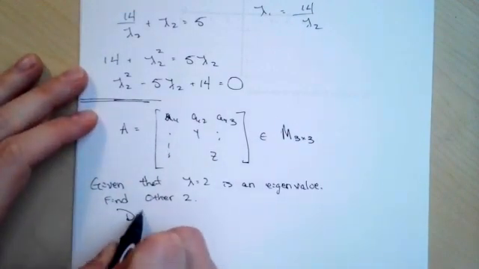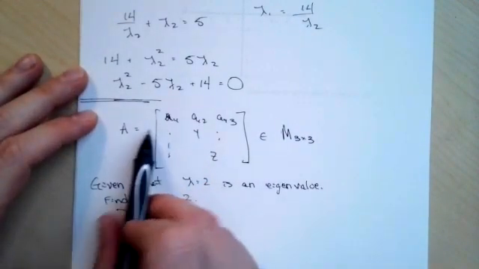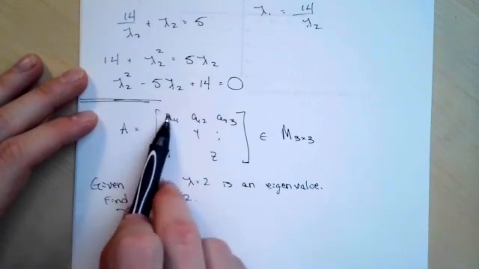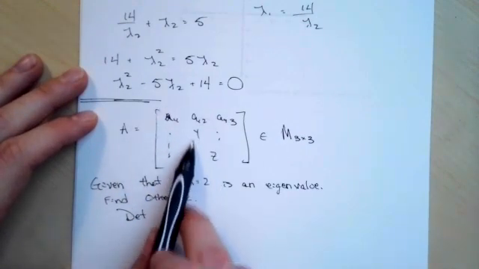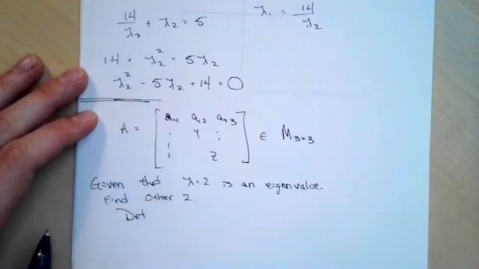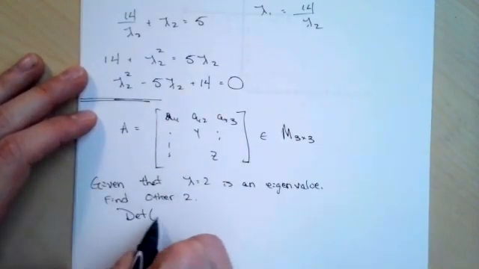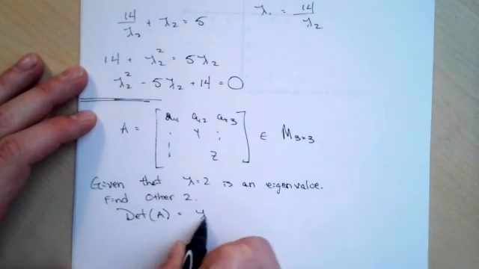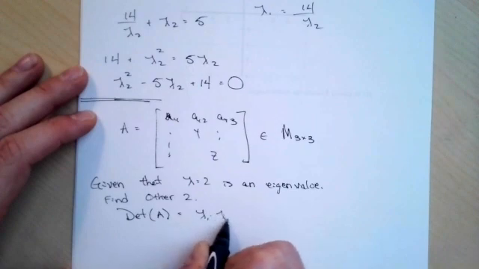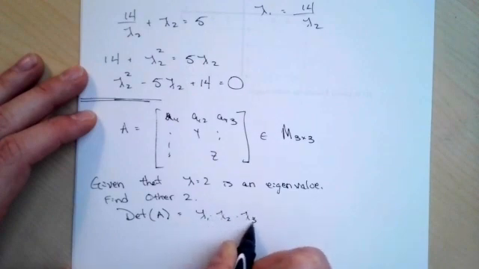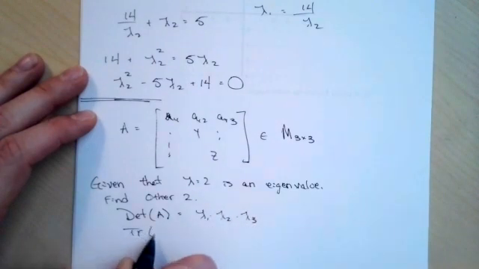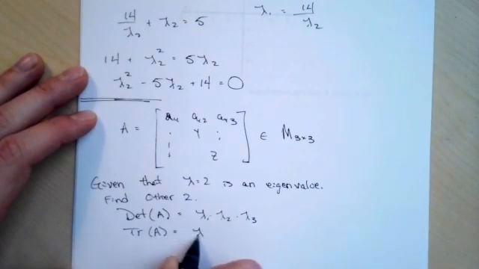So a quick way to do something like that, especially if, sometimes there's a matrix that's like, maybe there's an entry here and then zeros everywhere except here, and you can kind of pick out one eigenvalue easily. Finding the other 2, you can also find pretty easily by understanding that the determinant is just going to be the product of these guys, and the trace is going to be the sum.